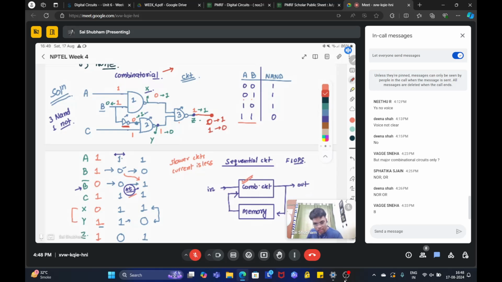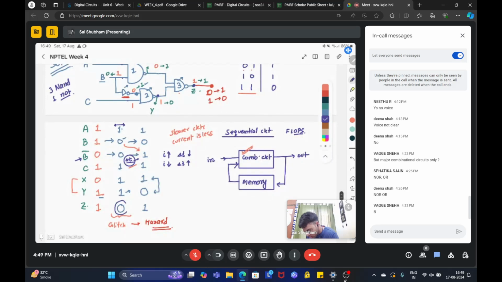Either in charging or discharging, we need current, and the greater the current is, the less time it takes for the result to appear. So in a faster circuit, the current is more, delta t for the transition will be less, and the effect of glitch will not be visible at all. If the current is low, the time will be more, and for that longer duration, we will get this false output.